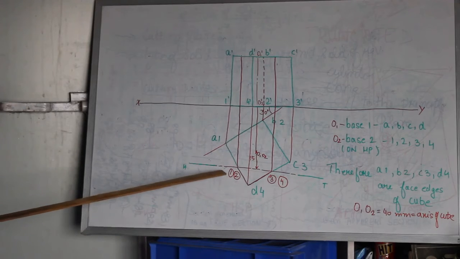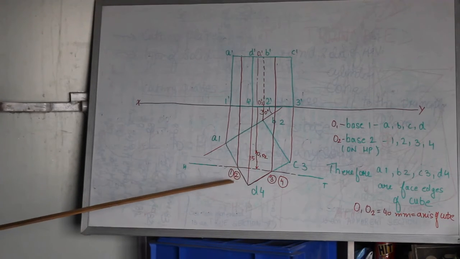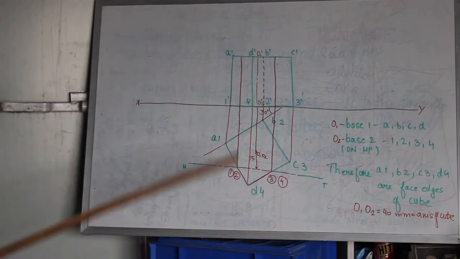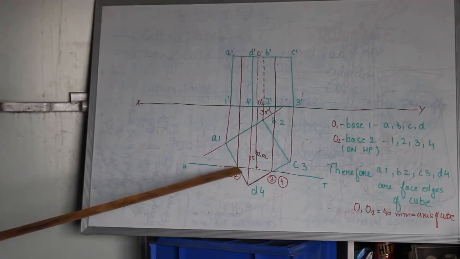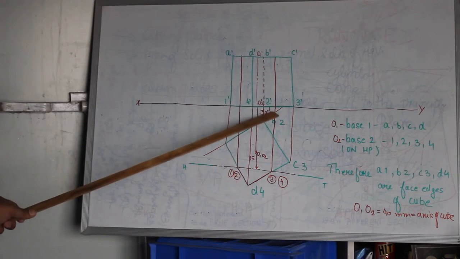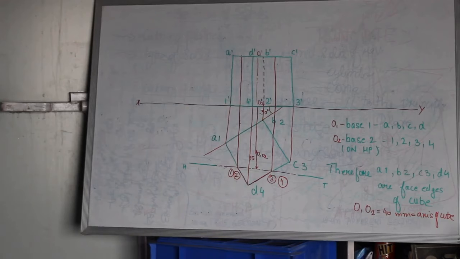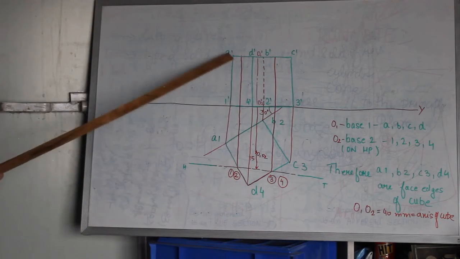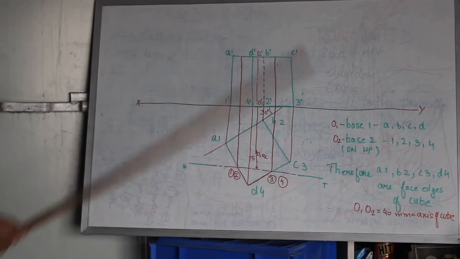So from the cutting points 1, 2, 3 and 4, for 1, 2, a single projection line is projected on the vertical plane, and then for 3 and 4, a single projection line is projected on the vertical plane. Now these lines are incomplete without these points coming here and here.